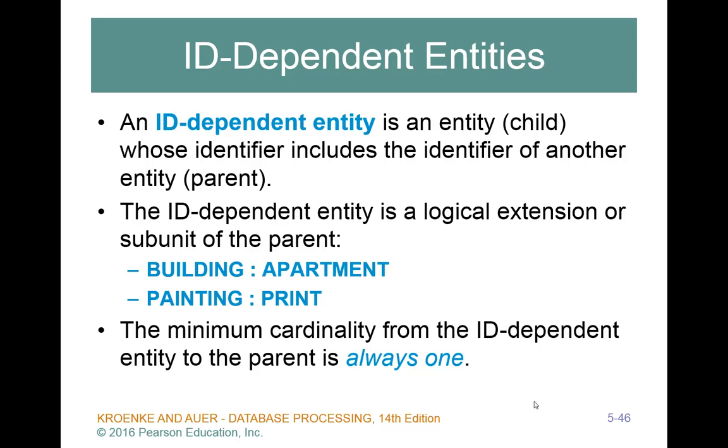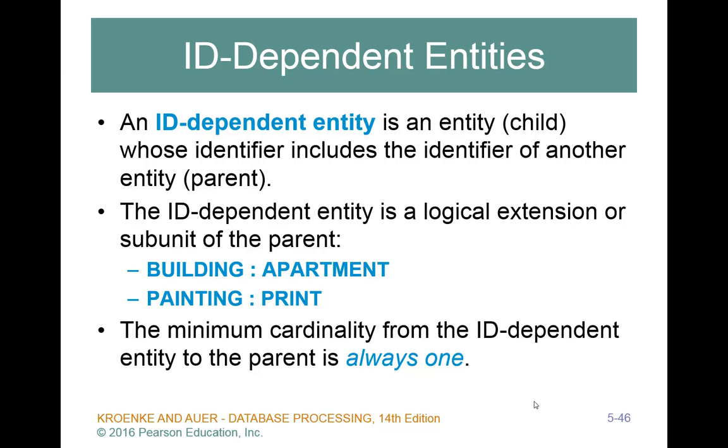The next concept that we need to talk about is the concept of strong entities and weak entities. A strong entity is an entity that represents something that can exist on its own. So it doesn't require another entity to exist.